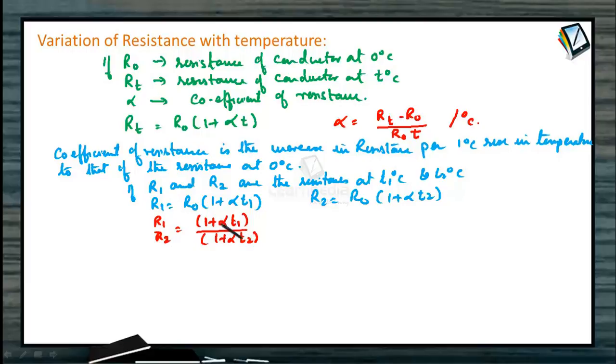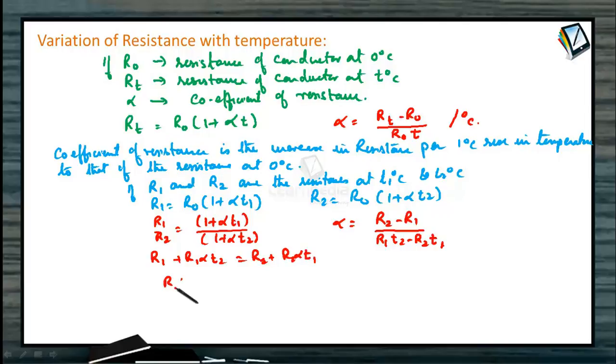Cross multiplying, we get R1 plus R1 alpha T2 equal to R2 plus R2 alpha T1. So (R1 T2 minus R2 T1) times alpha is equal to R2 minus R1.